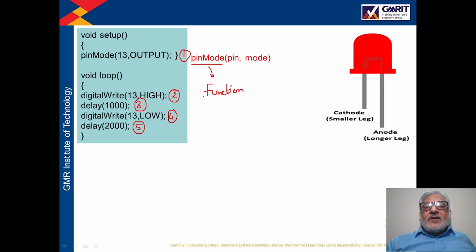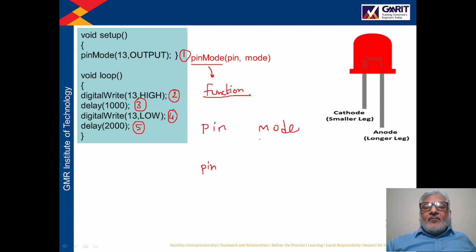And see how it is written. Pin and mode are basically two different words. But here, the first alphabet of pin is a small letter, p-i-n.